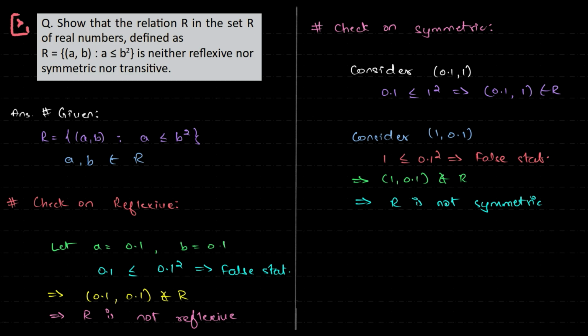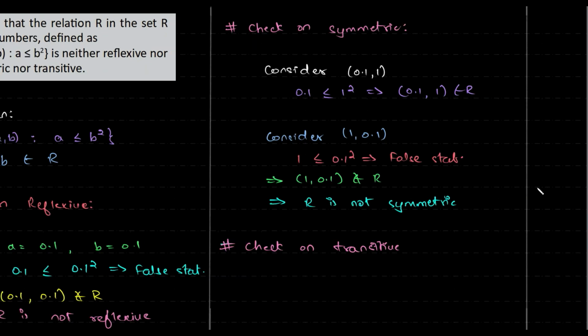Okay. Next is transitive. So we need to have a chain of numbers which will give us the following. This is going to be a bit of trouble. Transitive. So what set of numbers do we have to figure out? We need to sit and think. So first thing is we need one pair and another pair wherein these two numbers are the same, and this has to be smaller than this while this has to be greater than that, the square of it.